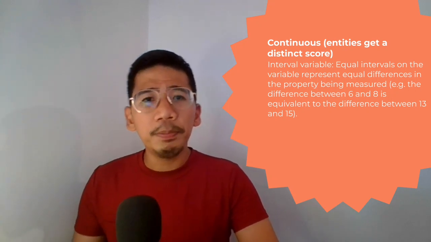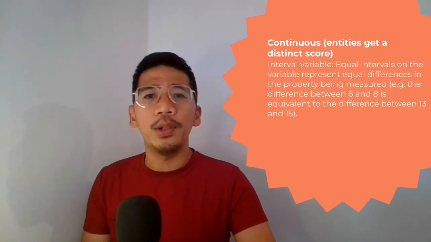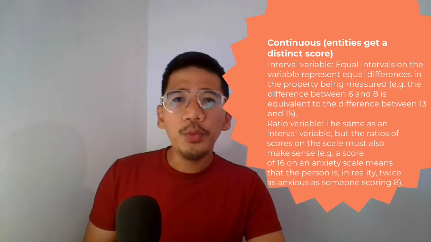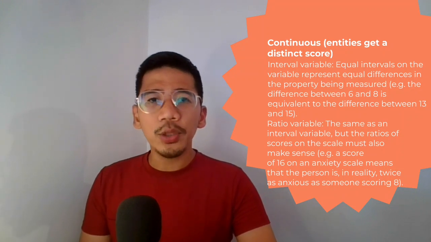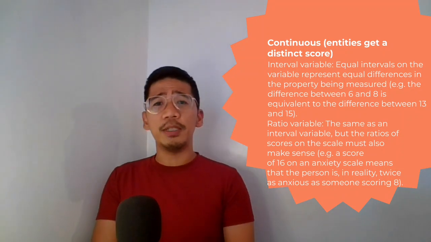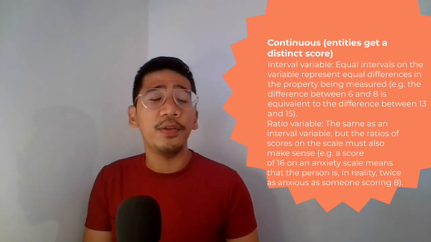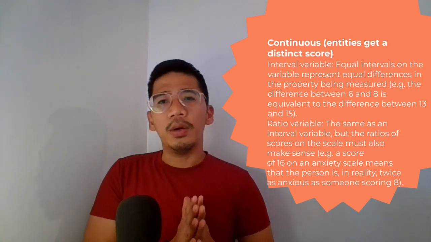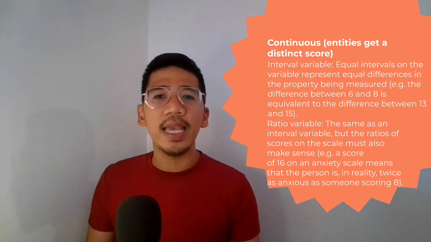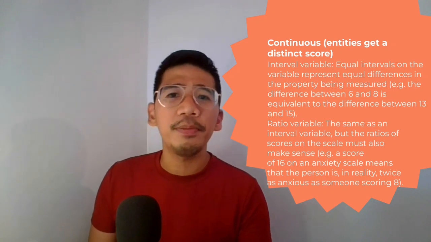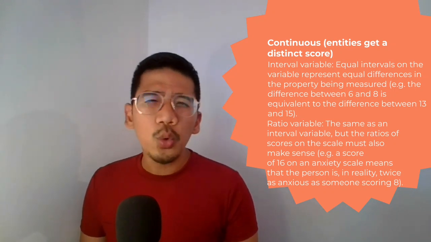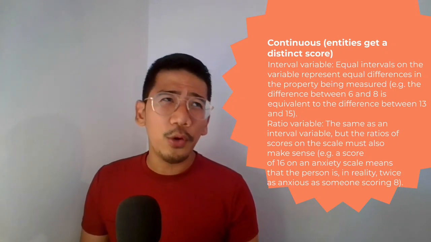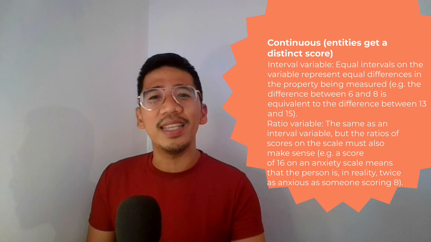Now, the time to respond to something is a good example of a ratio variable. So, when we measure a reaction time, not only is it true that, say, the difference of 50 milliseconds between 300 and 350 milliseconds is the same as the difference between 210 and 260 milliseconds, or 422 and 472 milliseconds.